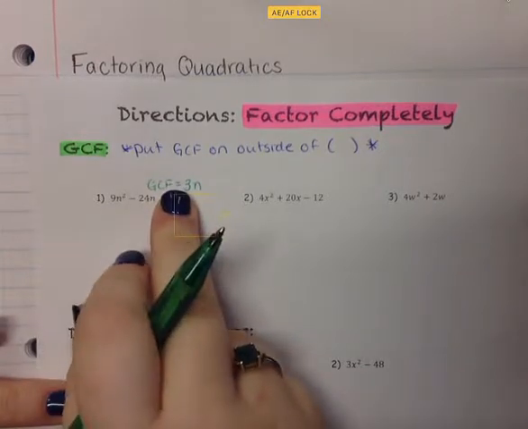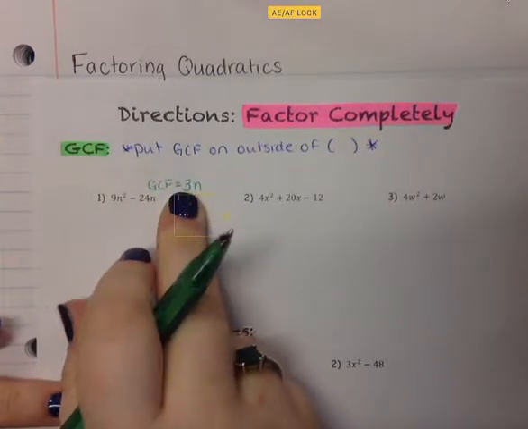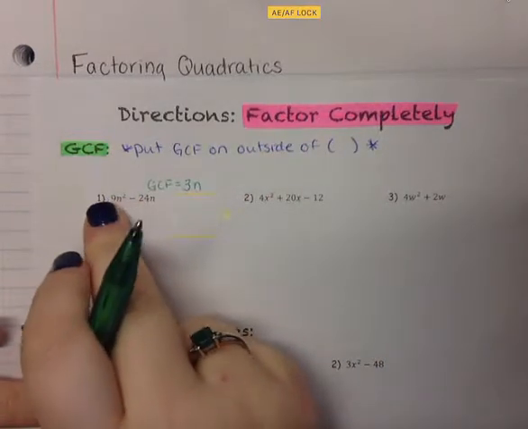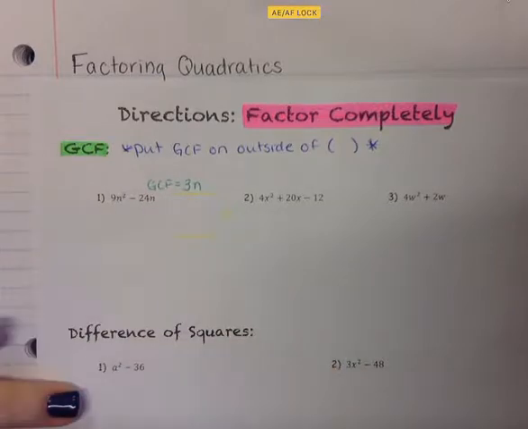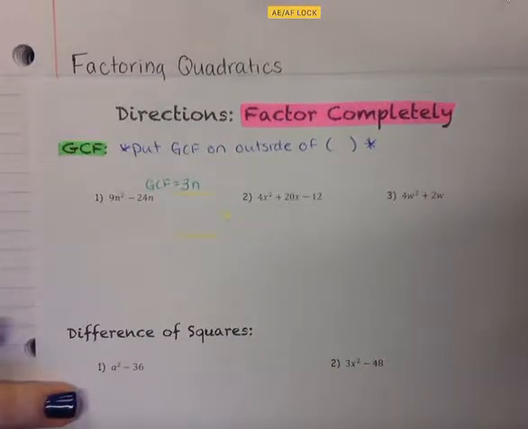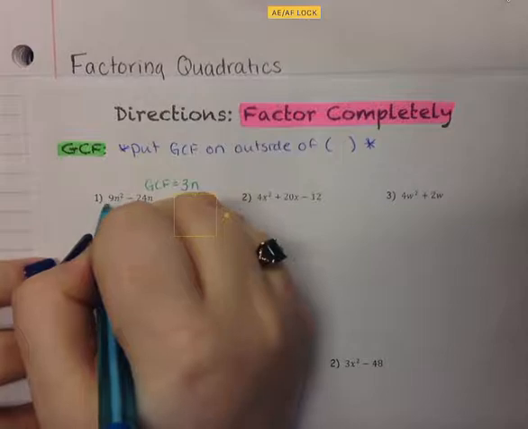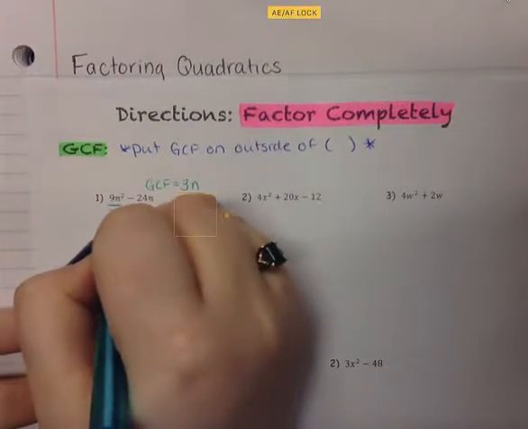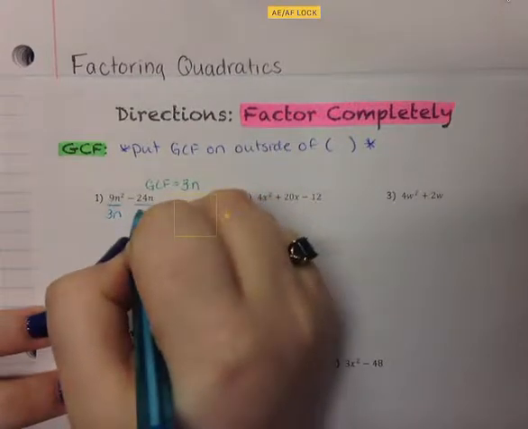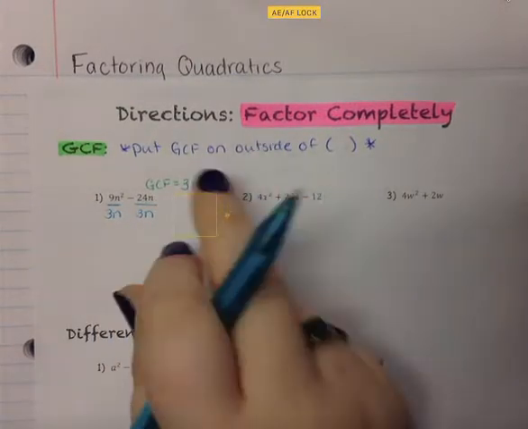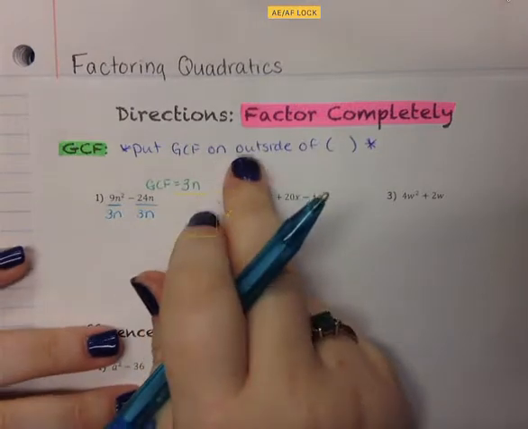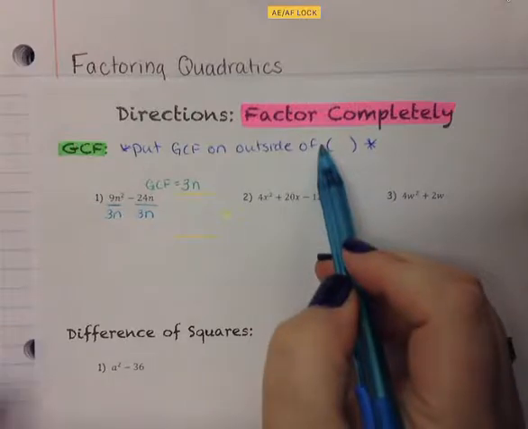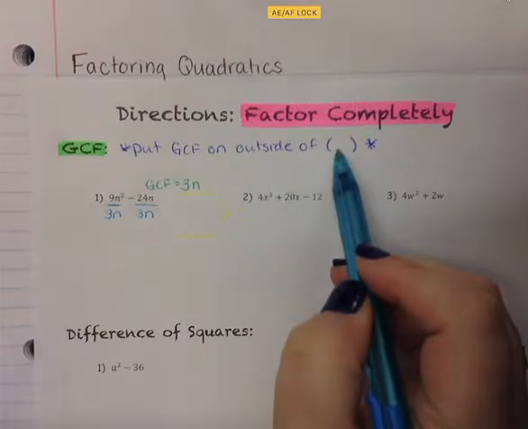We've just found the greatest common factor. To actually factor it, we have to divide each term by the greatest common factor. On this problem, I'm going to divide 9n squared by 3n, and divide 24n by 3n. Up here it says to put the greatest common factor on the outside of the parentheses, because when it's on the outside, it is a multiplication of the factors.